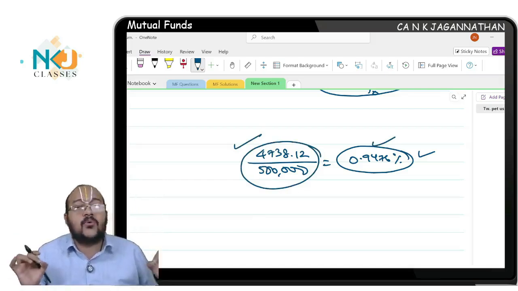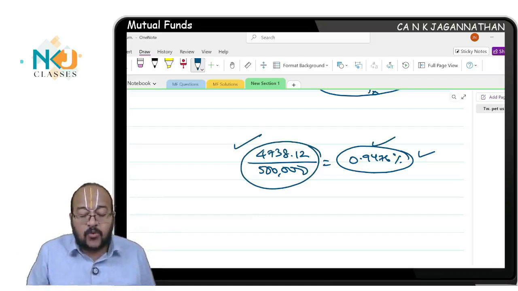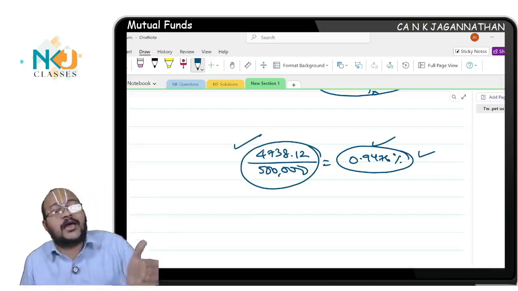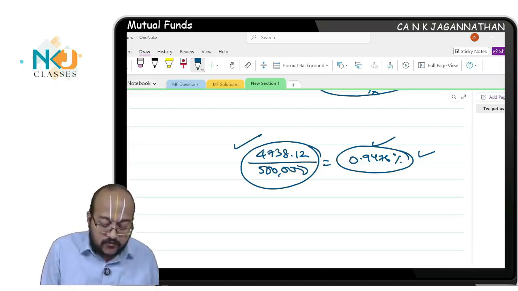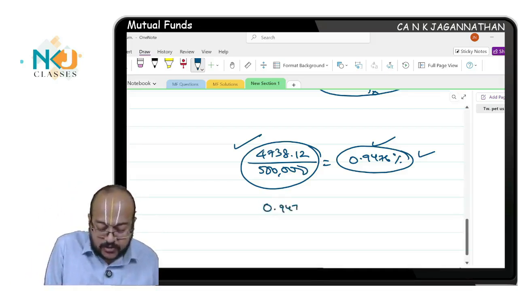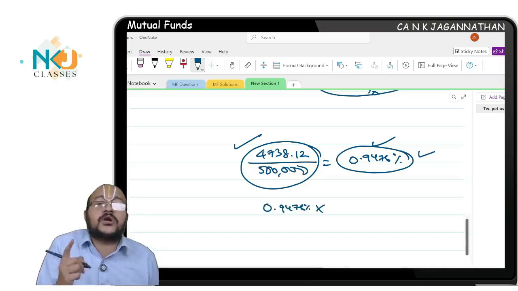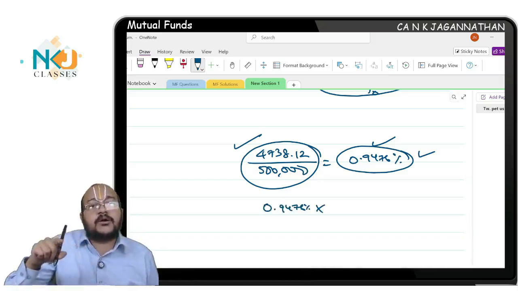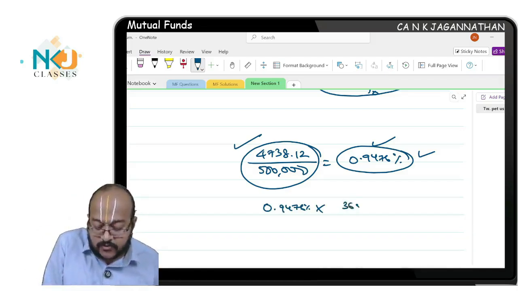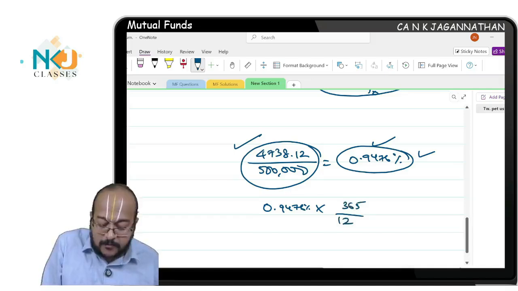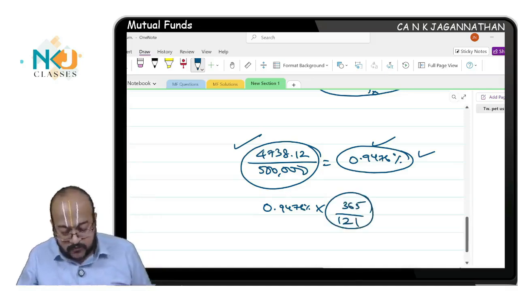Now you want the annualized return, which is what is asked in the question. Very simple: 0.9476 percentage is a return which you earned for holding the investment for 121 days, which means what will be my return for 365 days: into 365 by 121. Are you understanding?